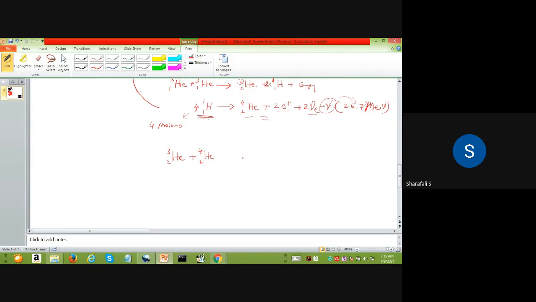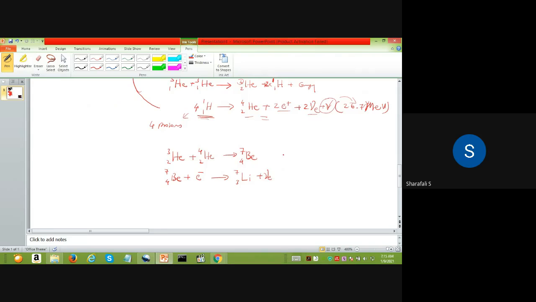And that will produce beryllium 7, 4. And this beryllium can again interact with one electron, and that can produce lithium 7, 3 plus 1 electron neutrino.